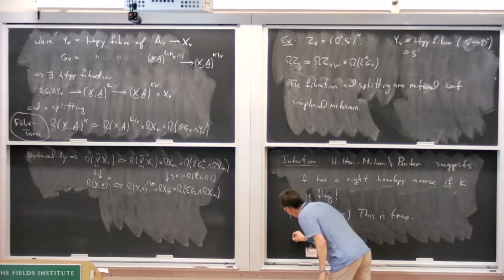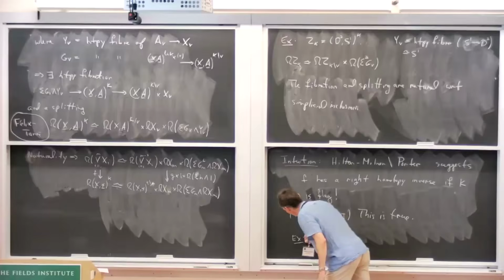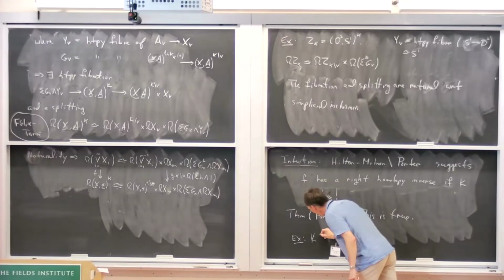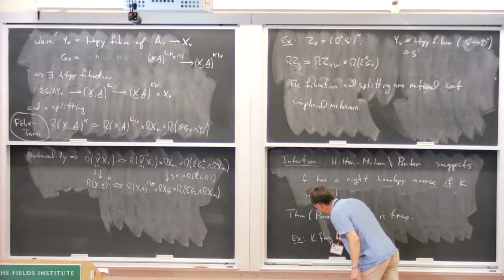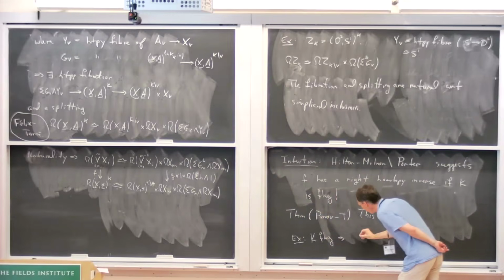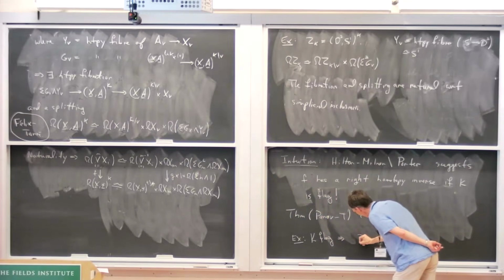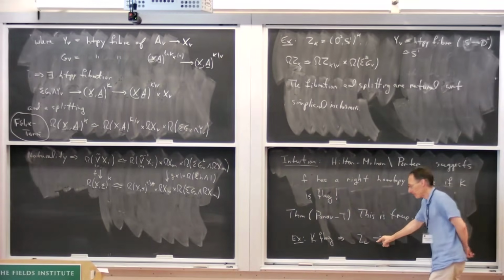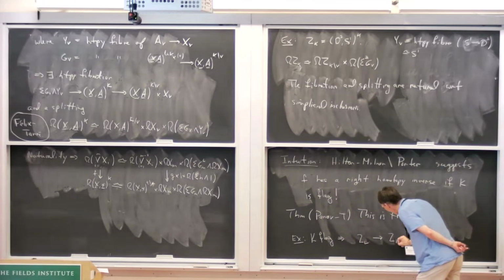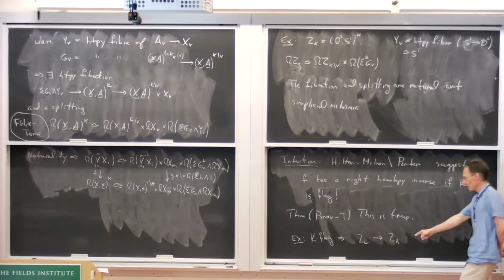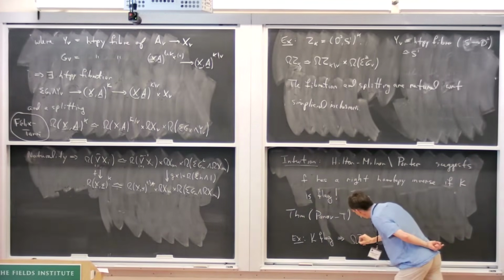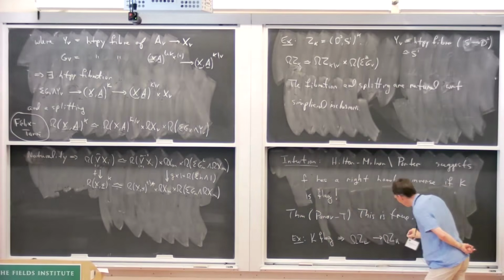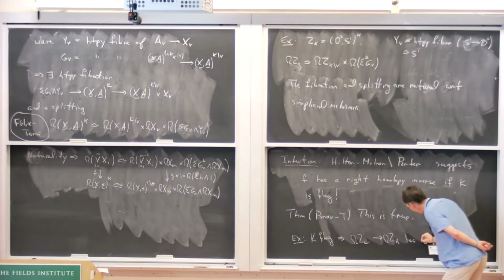So as an example, if K is flag, then if you look at the moment angle complex corresponding to the vertices of K, mapping into the moment angle complex for K, loop that, this has a right homotopy inverse.